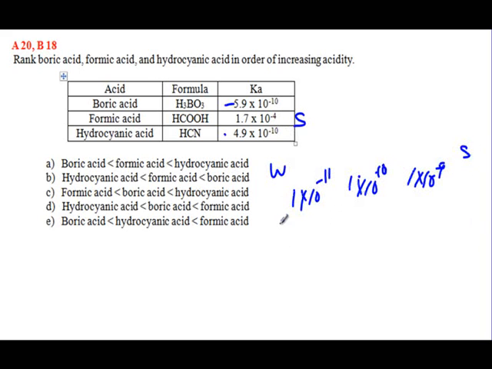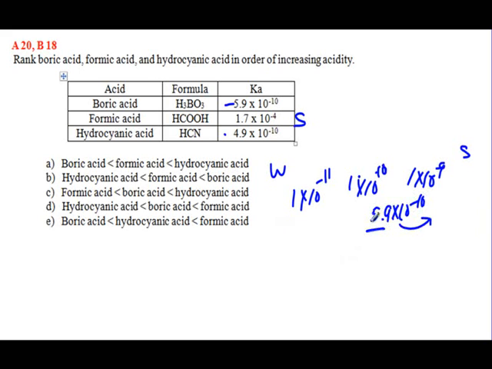I need to think about where 5.9 times 10 to the minus 10 falls. It's more than 1 times 10 to the minus 10, so it's getting closer to 1 times 10 to the minus 9. Let's place it here, because it's getting closer to the negative 9 as this goes up from 1.